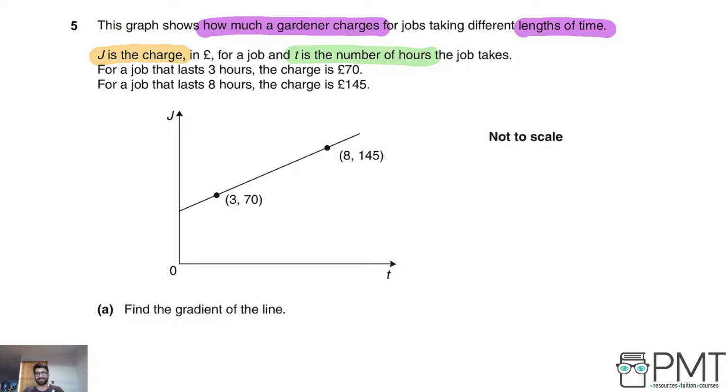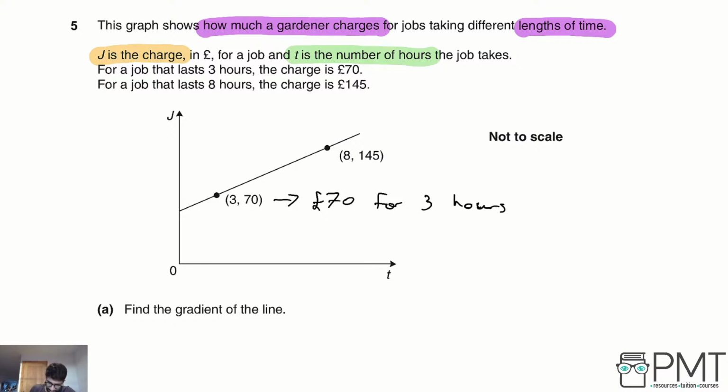We are given 2 points: (3, 70) and (8, 145). But what does that mean? What do the points stand for? If you think about the charge for the job, he's charging £70 for 3 hours.